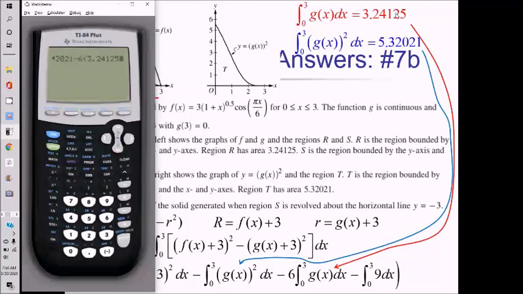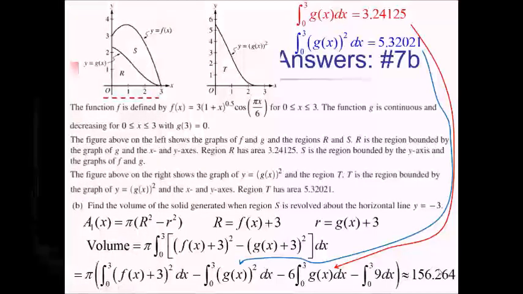Great. Close that. And then finally, we said that this last integral just had a value of 27. So let me just do minus 27. Close my parentheses. And, oh boy, let's hope for the best on this. Press enter. Supposedly 156.264. There it is.